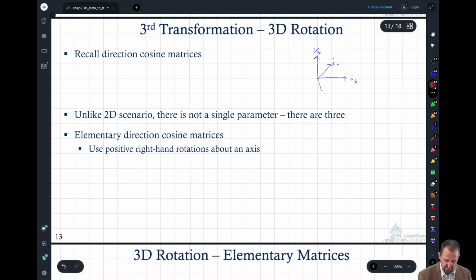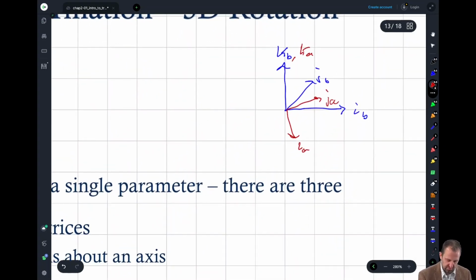Say that this is frame I_A, J_A, and this is also K_A.